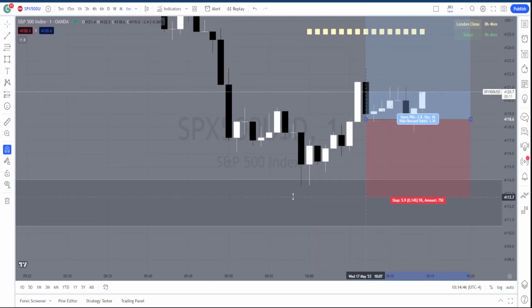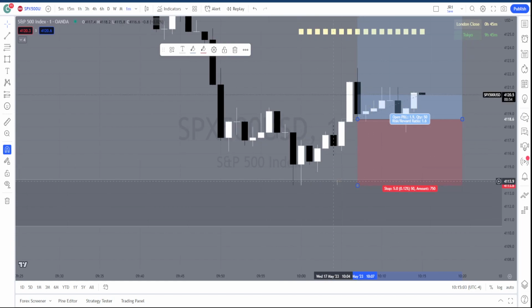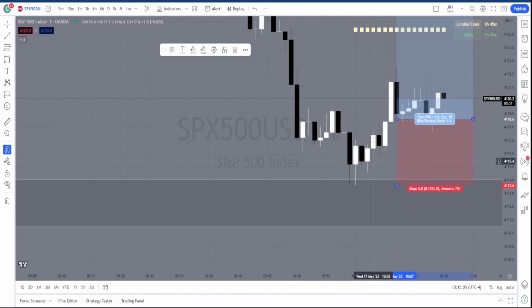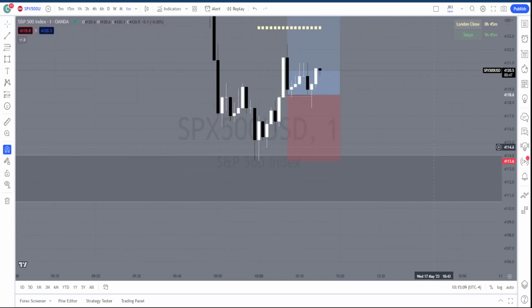Or if you want to use the very bottom, because one thing I've noticed about traders is they're always going to move their stop loss if they see price going against them. So you could decide to use the worst case scenario, which is down here, because if price goes down here and closes below this, you were wrong, and that means price wants to dig further into the support zone.